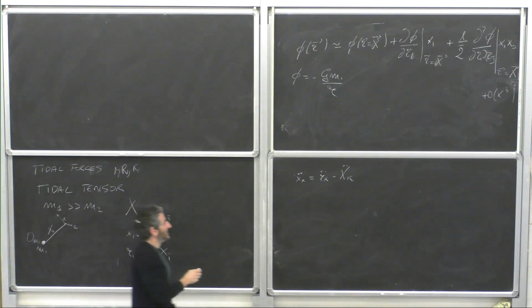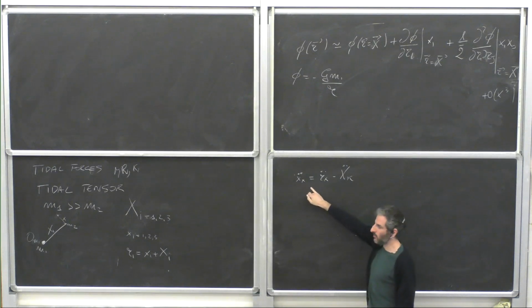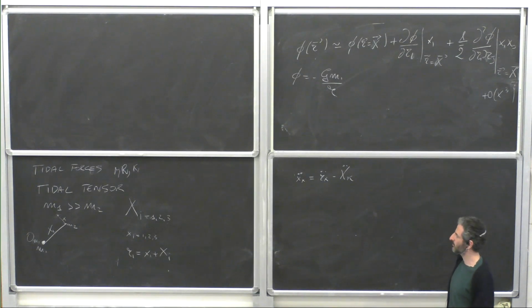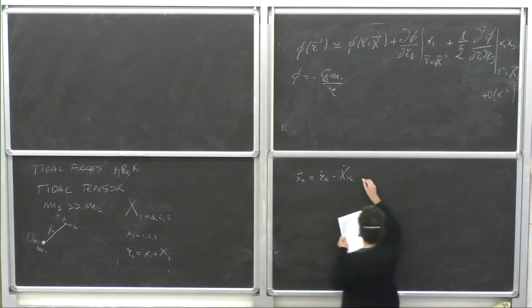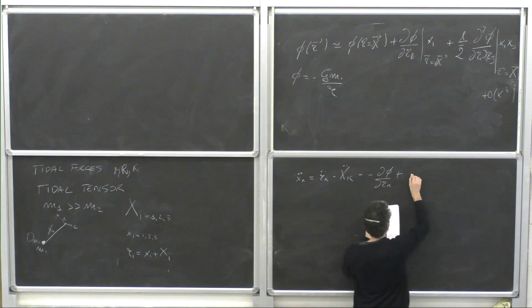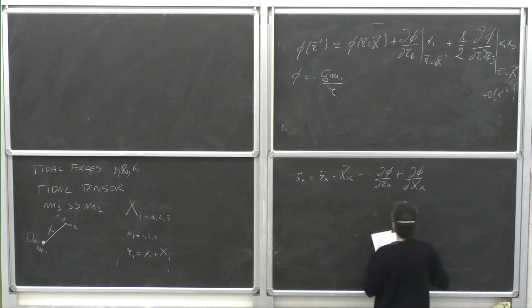So I want to study the second derivative of small x, and because of how I defined small x, what I want to study is R double dot minus capital X double dot. And this is simply d phi d R minus d phi d capital X.